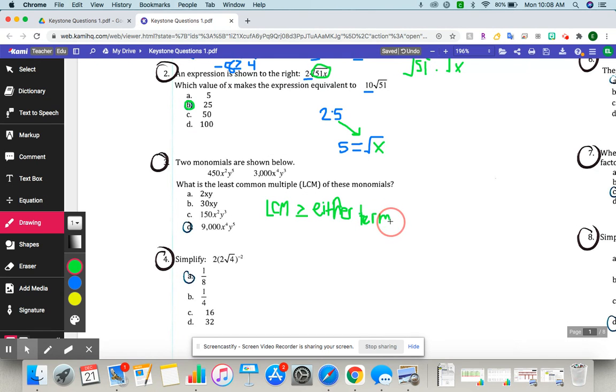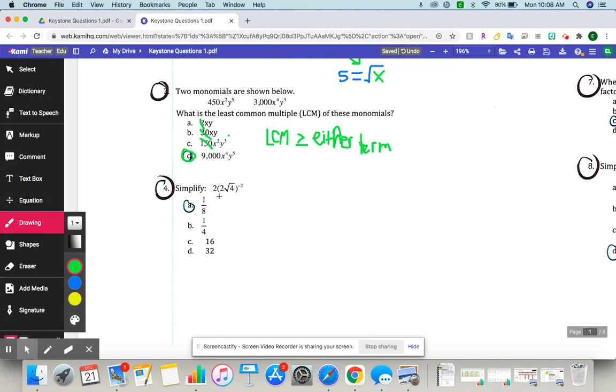And this one actually is pretty simple, since if we look at the coefficients, 2 is not greater than or equal to 450 and 3,000. 30 is not greater than or equal to, and 150 is not greater than or equal to. Just from recognizing that, it means the answer has to be D.